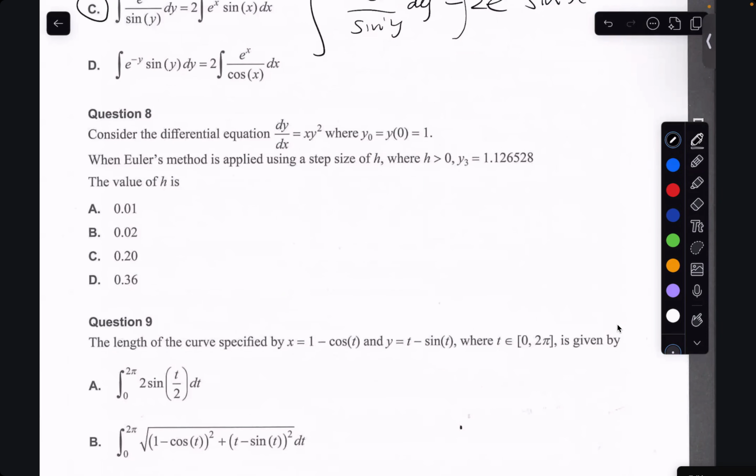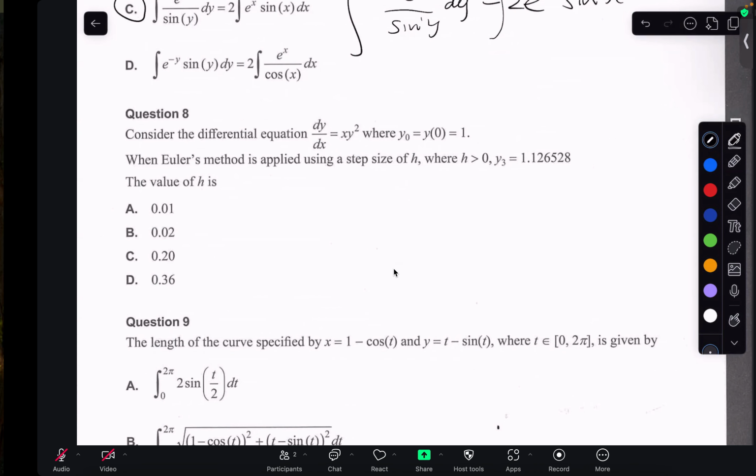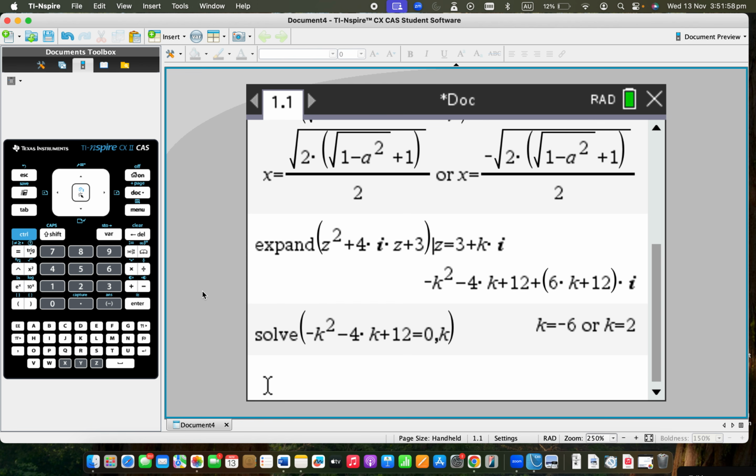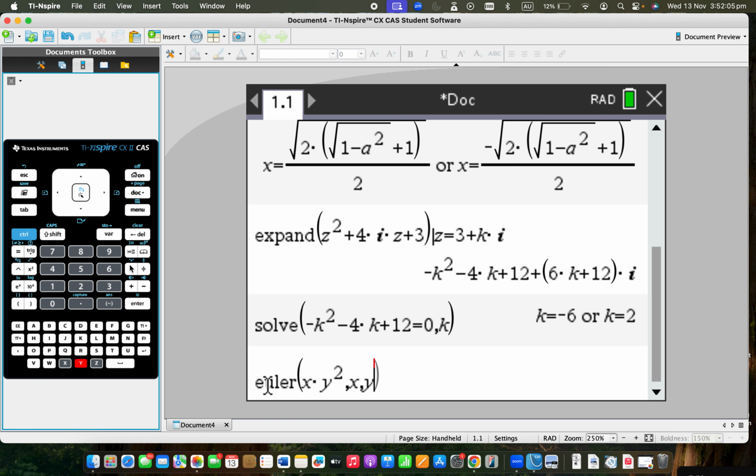Consider the differential equation that we need to find the value of h here. To be honest, I can't be bothered solving for it, so what we're going to do is we're just going to try the answers. So we can do Euler. You put the differential equation, x times y squared, comma x, comma y, comma, in these squiggly brackets, the initial x is 0.